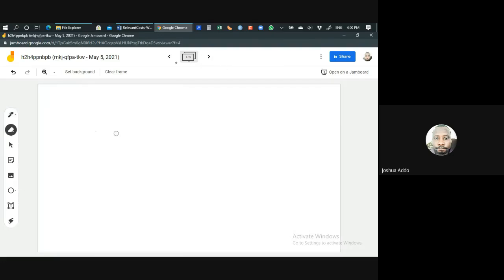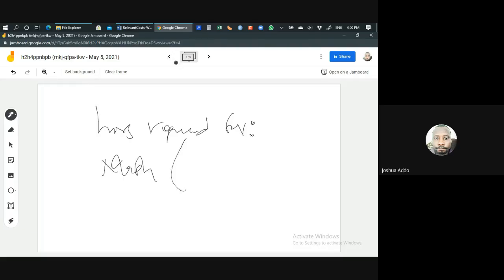So we can say hours required for, then we can bring column here and say mash. That will be 3,000 units times 2 hours. So that will give us 6,000.